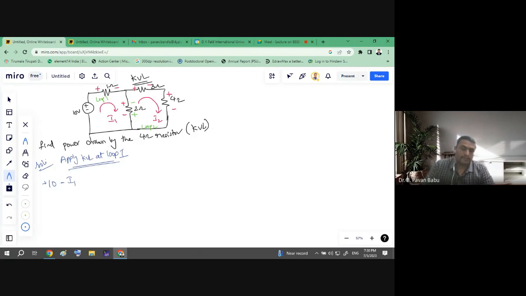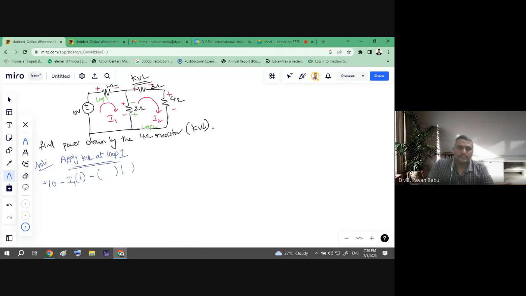We have given the term as I1, since we don't know the value, and of course we need to find that. I1 into R. What is the value of R there? 1 ohm resistor. So it is 1 ohm. Next, coming to this 2 ohm resistor, it is connected between the two loops. So what about the polarity? It will be minus. And it is I into R, right?